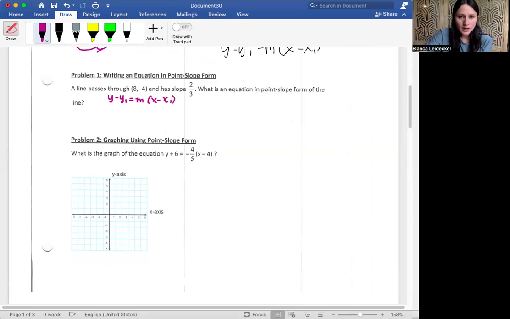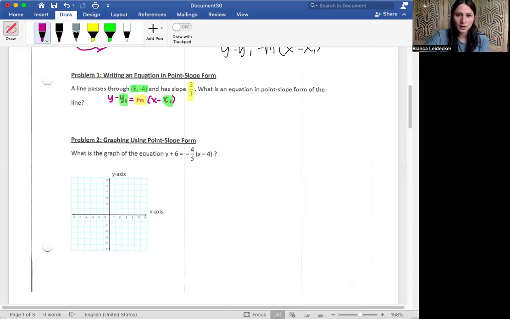Now the slope m is identified in our information. So we're going to replace m with 2/3. And then we can identify y1 and x1, which is actually given to us here. So that's all we're going to be replacing.